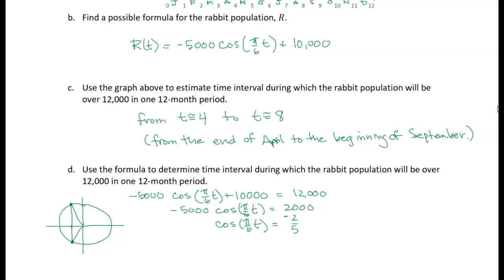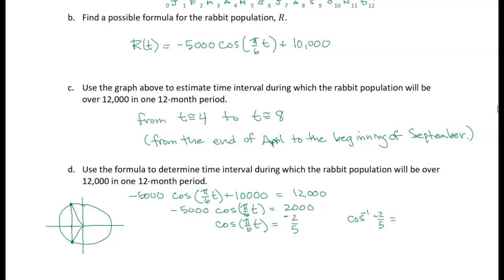All right, so if I take the cosine inverse of negative 2/5, I'll just write it off to the side here. I'm just going to use my calculator. I am going to use radian mode, so my output here will be an angle in radians, okay?